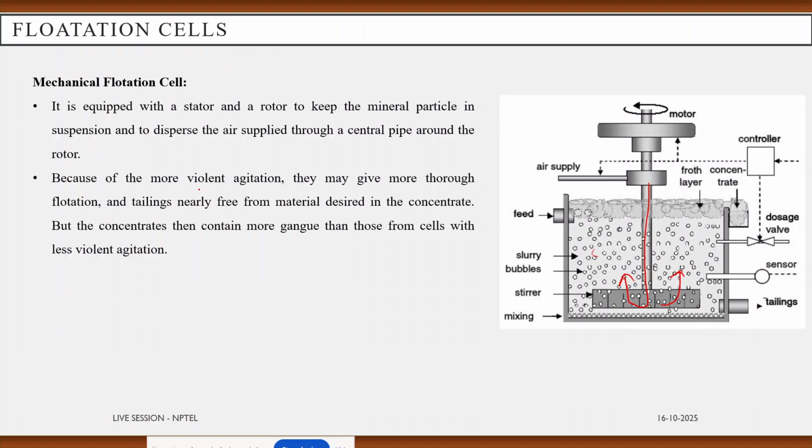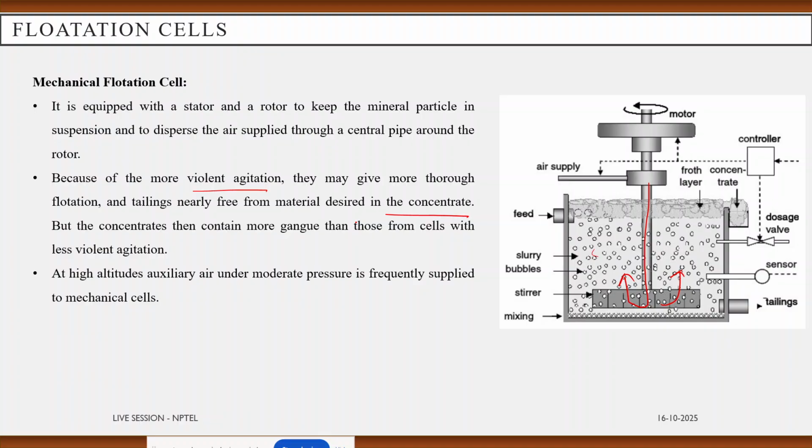Because of the more violent agitation, they may give more thorough flotation, and the tailings are nearly free from the material desired in the concentrate. But the concentrate then contains more gangue than those from the cells with less agitation.